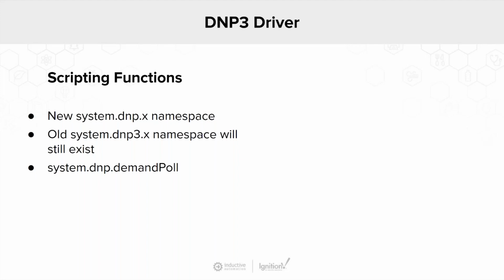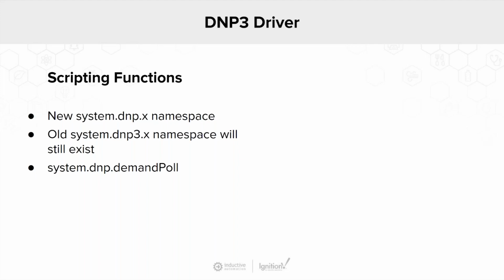So now to talk about the functions themselves, there are functions that perform similar to the old functions that were used, as well as additional functions to support all those new features of this driver. And just to highlight one of those, one of my personal favorites is the system.dnp.demandPull function.